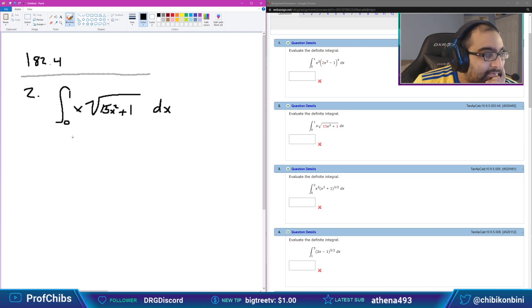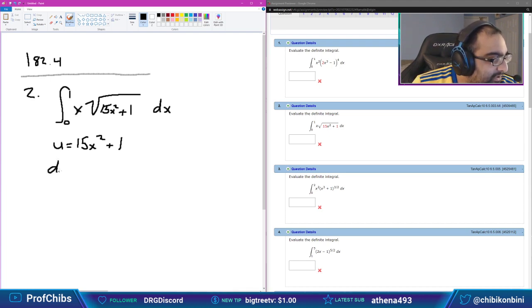Now, the way I would do the integral here, never mind the numbers for just a moment. I need to define a u. The u I'm going to pick is the more complicated of the two functions. That's going to be 15x squared plus 1. Usually easier to take the more complicated of the two. Kind of said before. There we go. If we take du here, the derivative of this, that's going to be 30x dx.